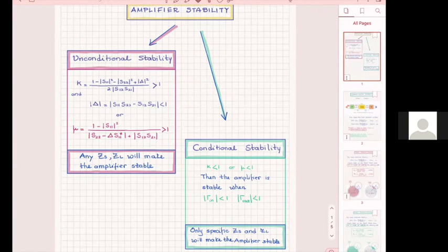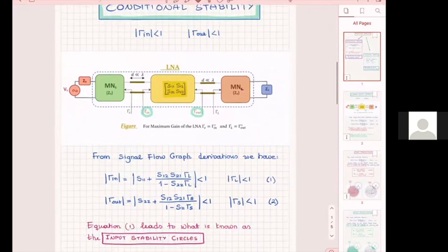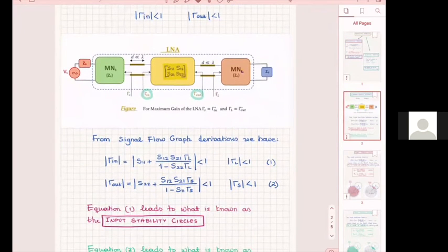Unconditionally stable means that if your amplifier is like this, you get unconditional stability when your gamma in and gamma out are less than 1 in magnitude. And it's true for every value of your source and the load. If this is true, that means your amplifier is stable.